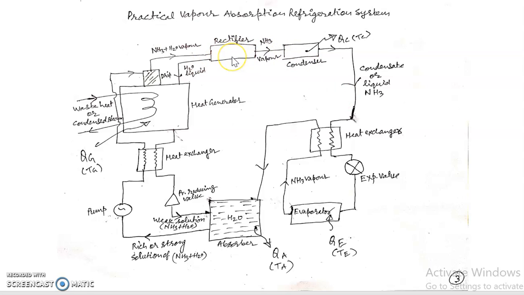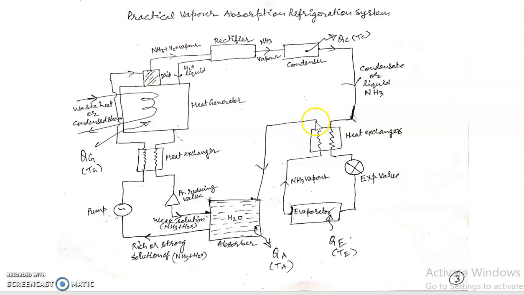After the rectifier, only ammonia vapors are sent to the condenser, and the condenser condenses the vapor refrigerant and it becomes liquid ammonia. This liquid ammonia is at comparatively higher temperature and higher pressure. This refrigerant in condensate form is passed through a heat exchanger, where some of its heat is exchanged to the NH3 vapor coming out from the evaporator.